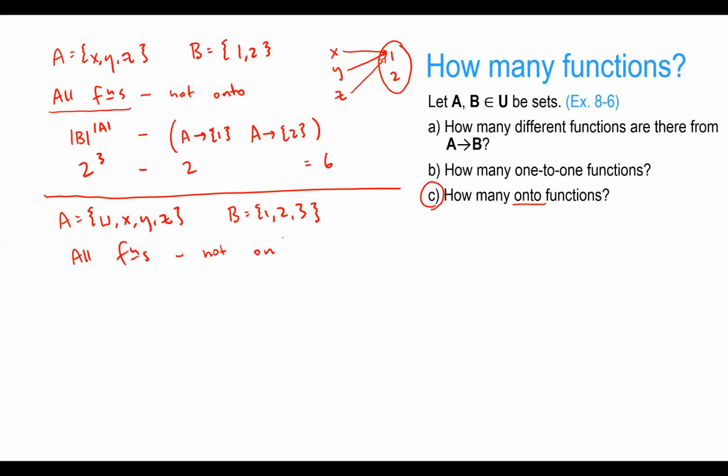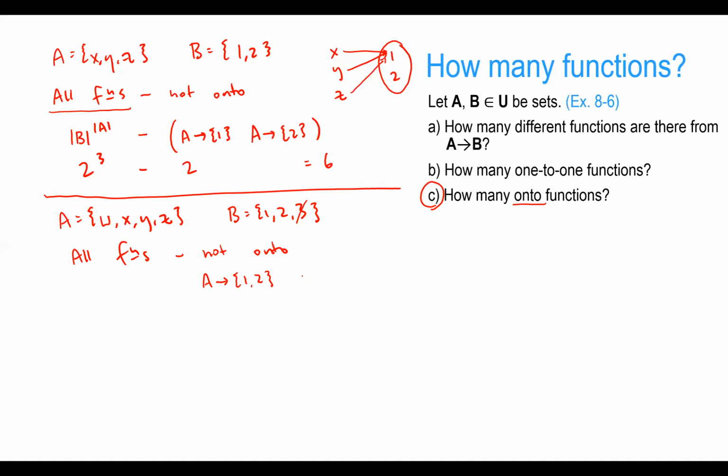So the ones that are not onto here, we can use the same strategy. So if we had the set 1, 2, 3, I can cover up the 3. So let's pretend that 3 is not there. Okay? And I take A and map it to only the set 1, 2.